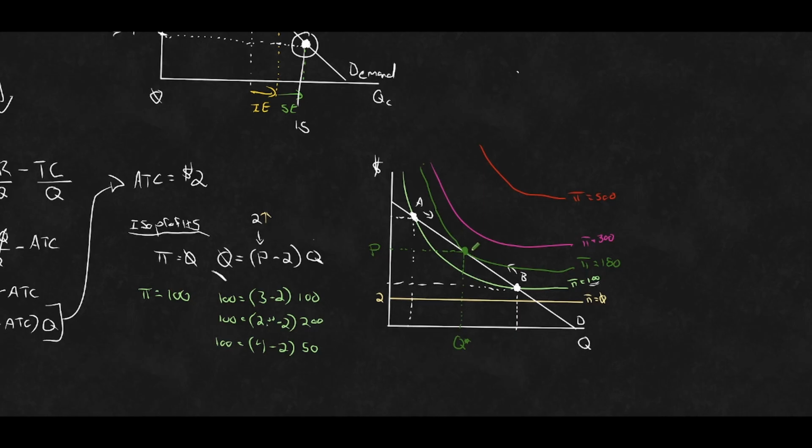Again, at that point, just like in every other case, the marginal rate of substitution is equal to the marginal rate of transformation. The marginal rate of transformation is our ability to transform dollars into output, so the rate that we switch between money and output.